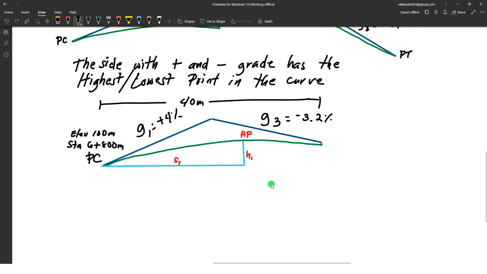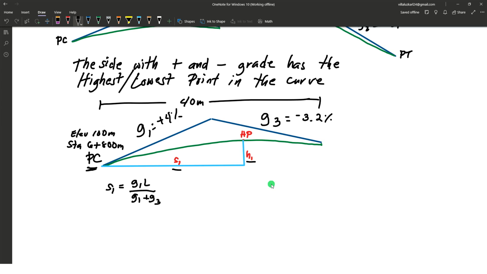So this is the PC. We solve now the highest point by determining H1 and S1. The S1 on a symmetrical parabolic curve is G1 L over G1 plus G2. But right here, the second tangent, or the forward tangent, is G3.